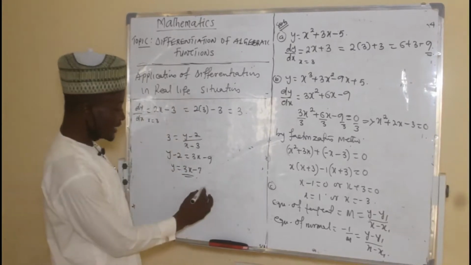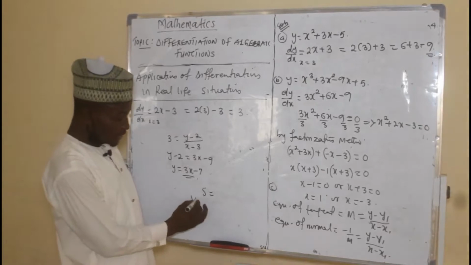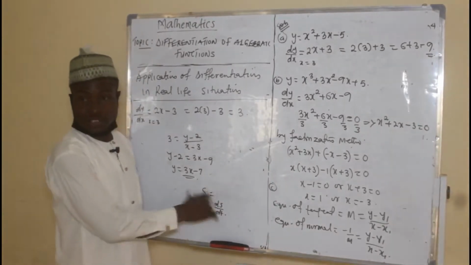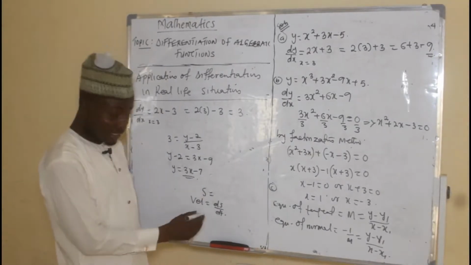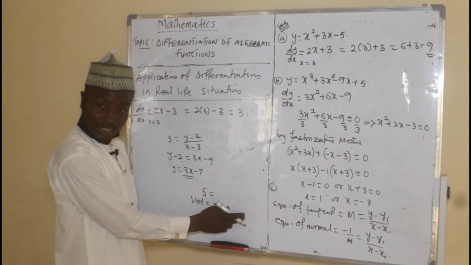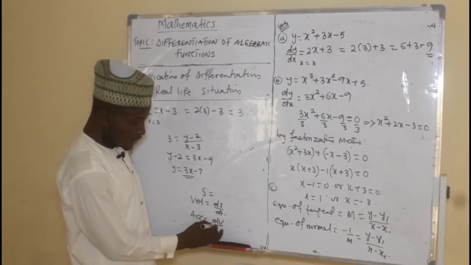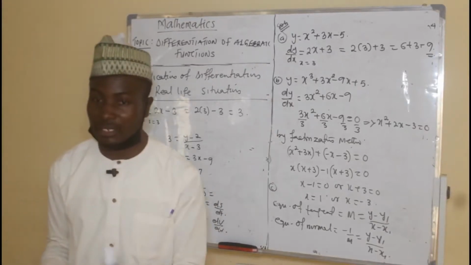So if you are given s as a distance, you are looking for velocity. Velocity is equal to ds/dt. You just differentiate, its first derivative. If you are looking for acceleration, you differentiate the velocity again. So acceleration is equal to dv/dt.